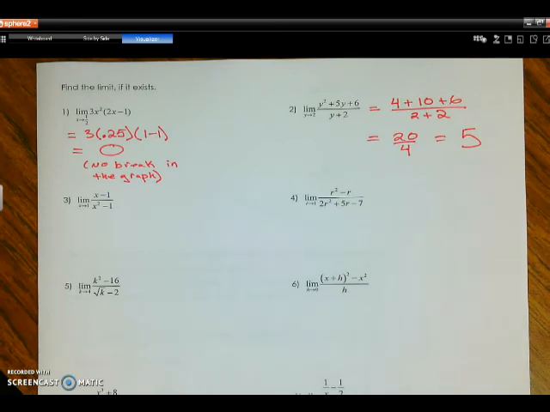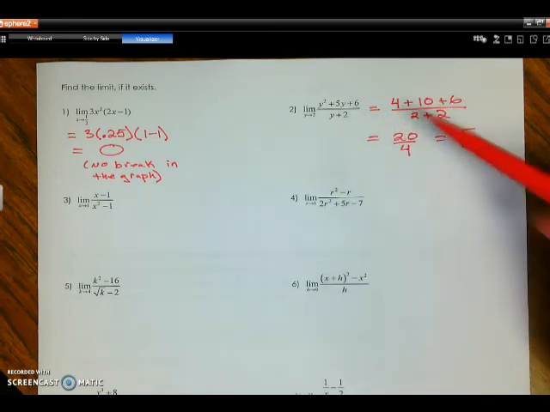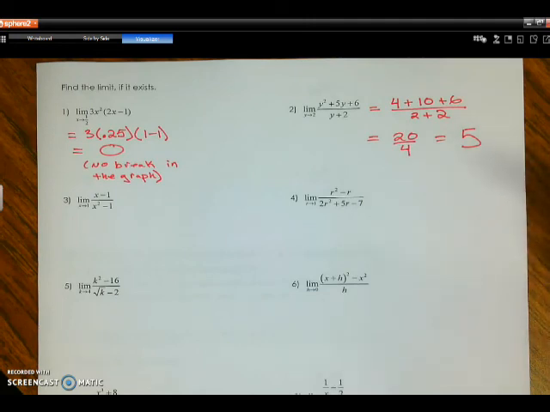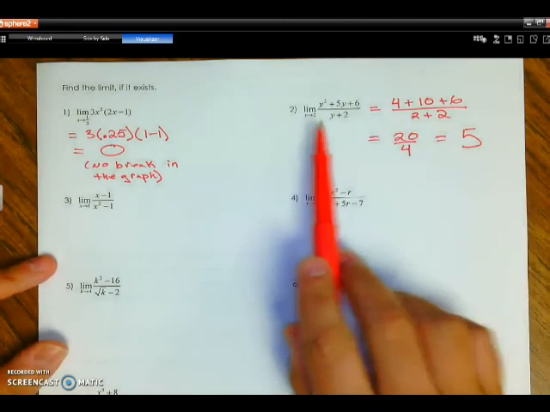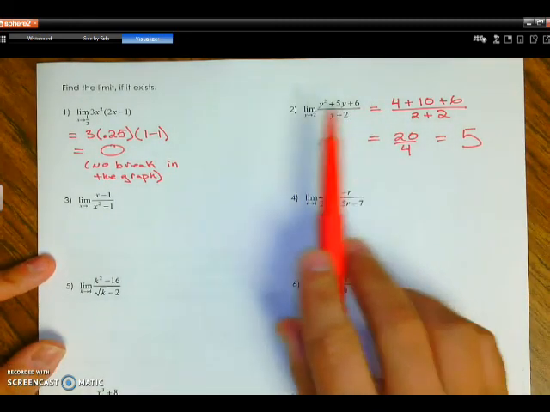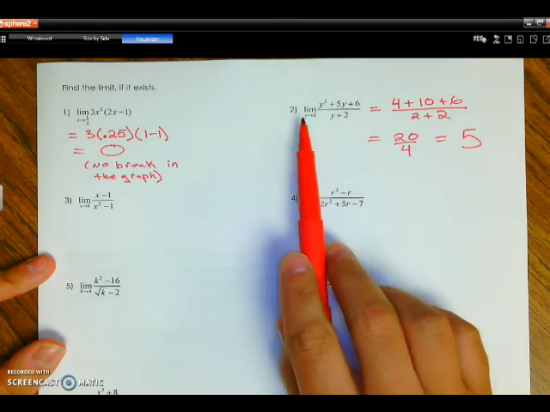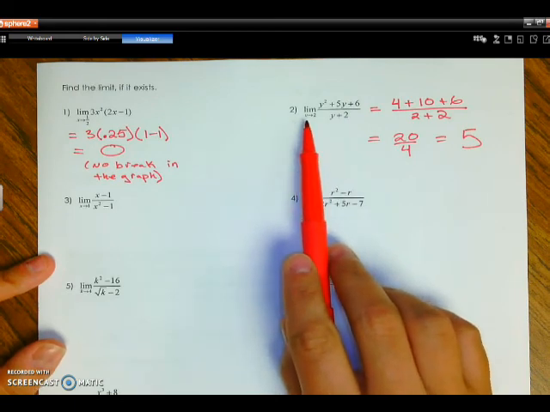And again, if you wanted to go ahead and graph this and take a look at it, you could. And in fact, if you did graph this and take a look at it, you would probably say, hey, there's a vertical asymptote in this graph. Well, notice that the vertical asymptote isn't at -2, right? Or the vertical asymptote is at -2, but I'm not saying what's the limit at -2.